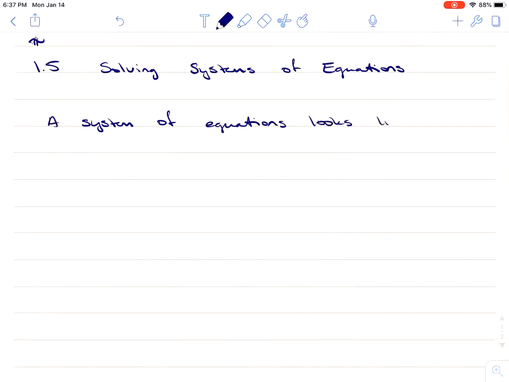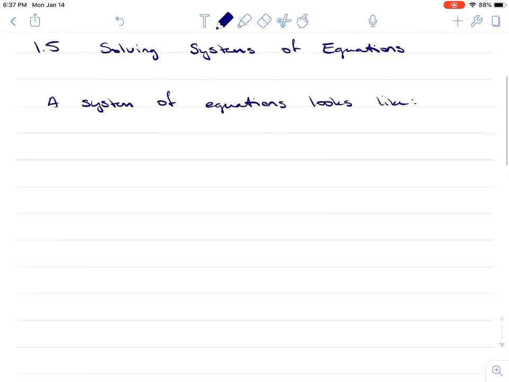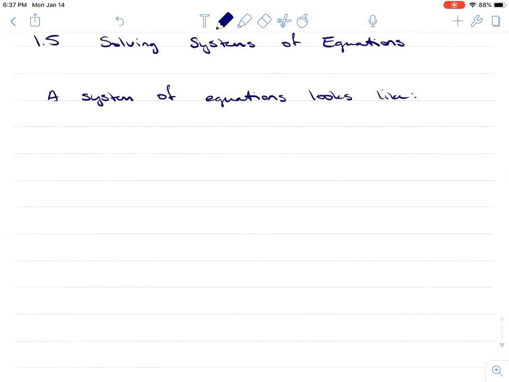Maybe we have 4x plus 2y equals 8, and below it, another equation, 2x minus y equals 7. Here we have two equations.